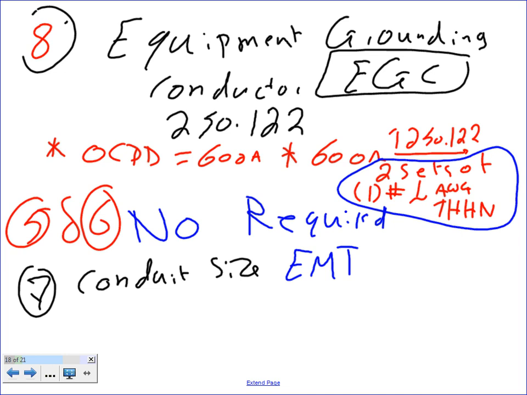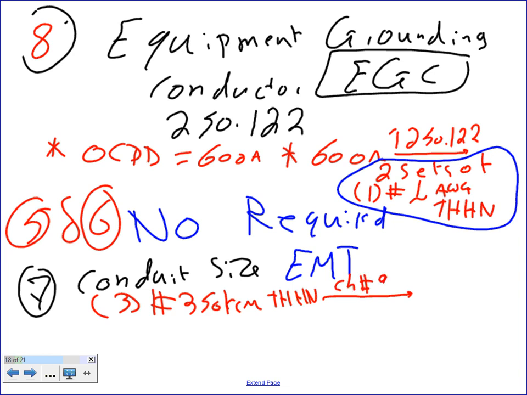Conduit size. Let's go size the conduit, Chris. Chris is going to do that conduit sizing for us. The first thing I'm going to start right here: 3 conductors of 350 kcmil THHN. You take it to the same table, chapter 9, table 5, as we have done in the past, and this gives me 0.5242 for each of the 3 conductors.